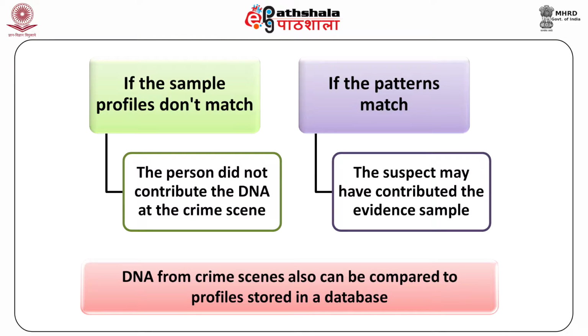If the sample profiles do not match, the person did not contribute the DNA at the crime scene. If the patterns match, the suspect may have contributed the evidence sample. DNA from crime scenes can also be compared to profiles stored in a database.